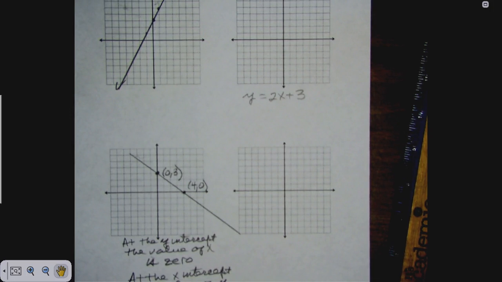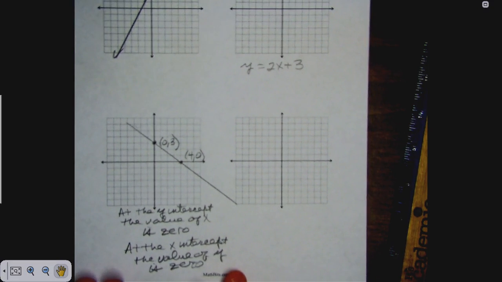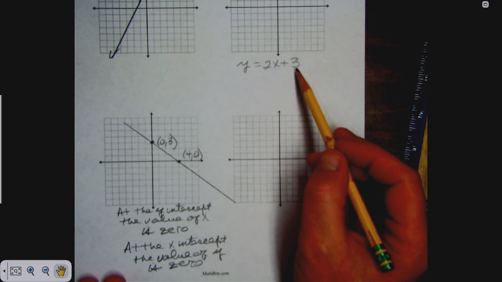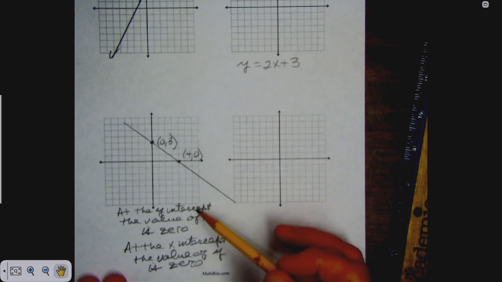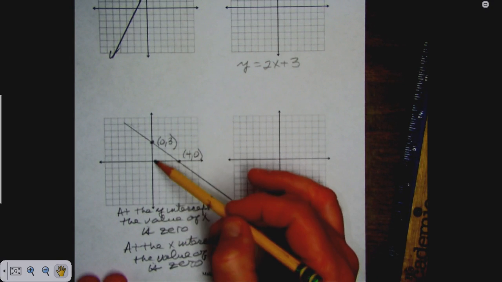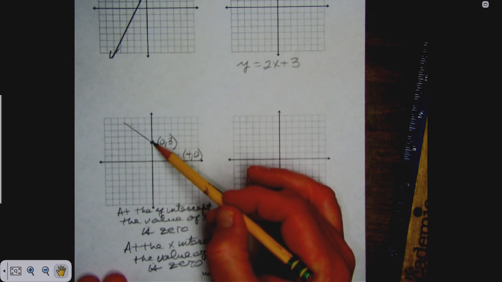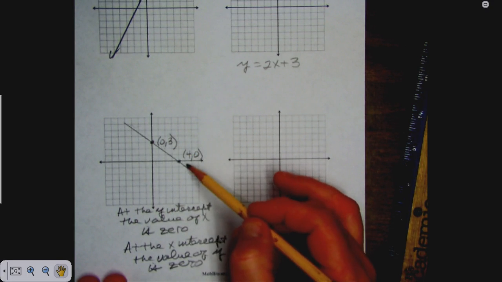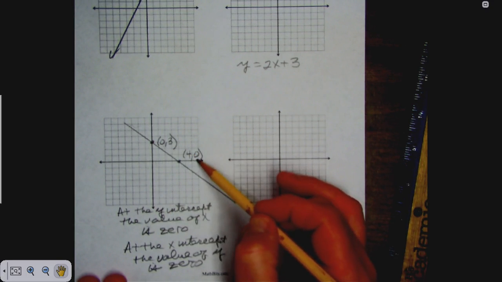Okay, now we're going to, oops, I couldn't see that there, but I left that out. So now we're going to use that information to go back to this equation here. So we've got to remember that at the y-intercept, the value of x is 0. And at the x-intercept, the value of y is 0.